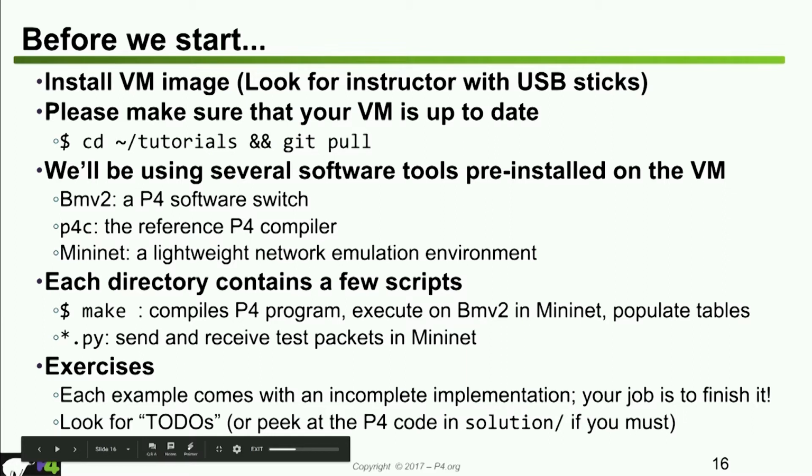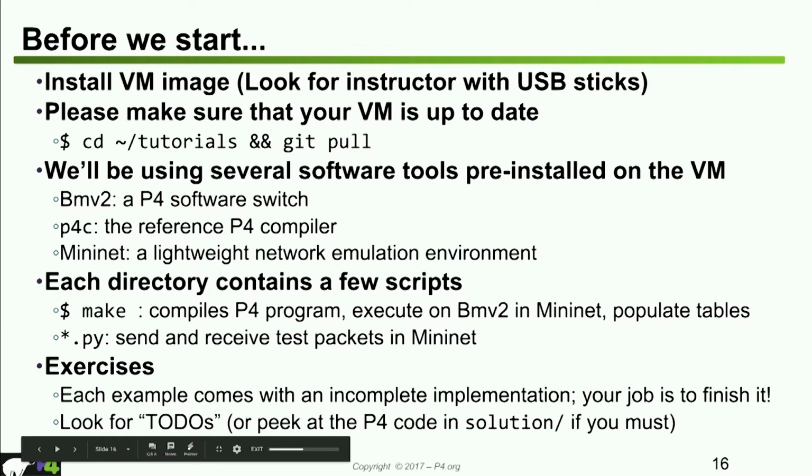The reason we're providing these VMs is because we've pre-installed a number of dependencies, which include the BMV2 software switch, the P4C reference compiler, as well as Mininet. So we'll build a network of our P4 switches and then test it out in Mininet. Each exercise is in a different directory, and each of those directories contains a Makefile that compiles your P4 program, launches a Mininet network with your P4 switches on it, and populates the table entries.